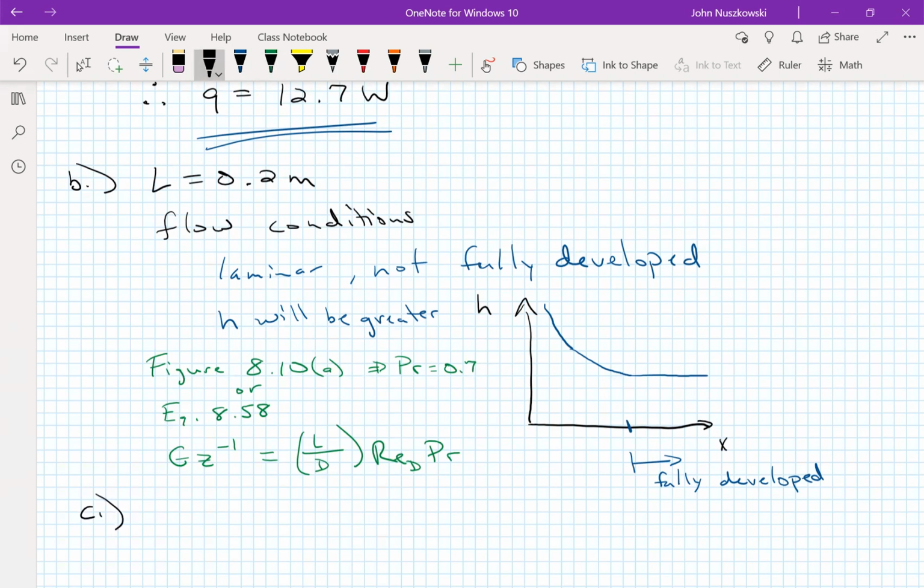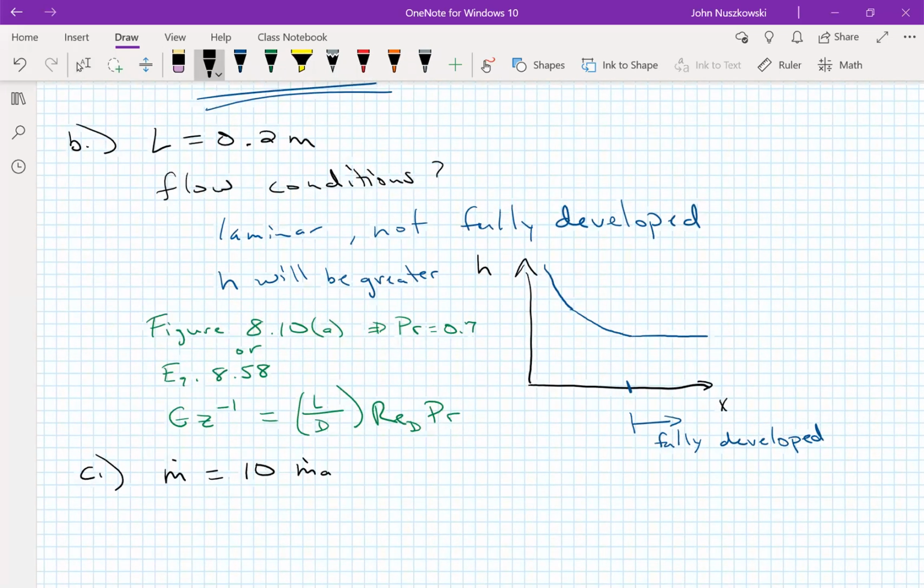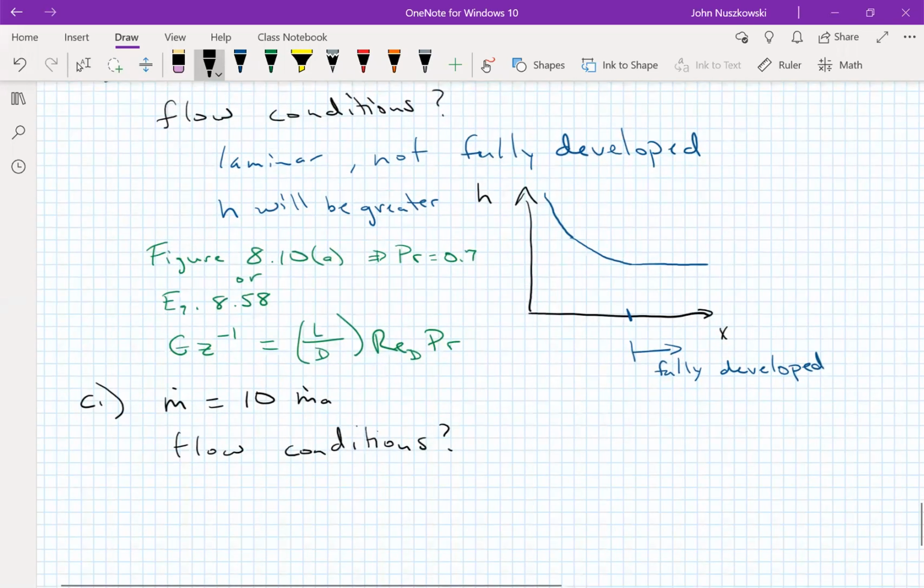Part C is now the mass flow rate is 10 times the original mass flow rate. So they want to know flow conditions. So let's look at that.